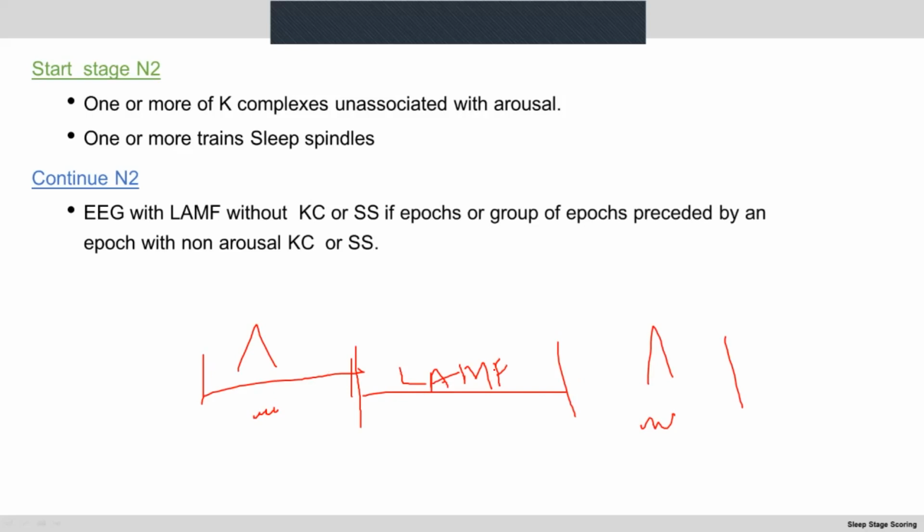So what is this stage then? You mark that EEG with low amplitude mixed frequency, with K complex or sleep spindle, if the epoch is preceded by an epoch with a non-arousal K complex. So this epoch you have to mark as stage 2.